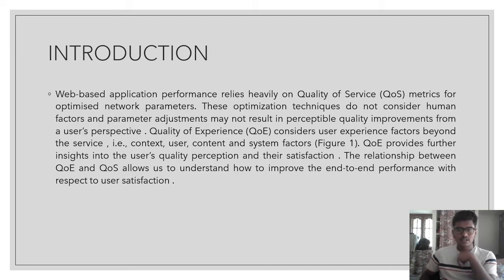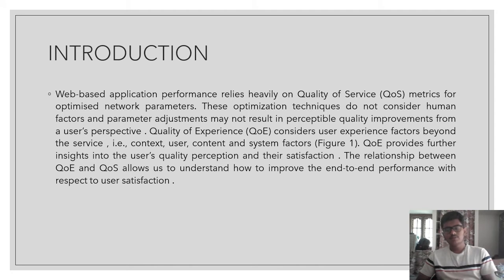So coming to the introduction, web-based application performance relies heavily on quality of service metrics for optimized network parameters. These optimization techniques do not consider human factors, and parameter adjustments may not result in perceptible quality improvements from a user's perspective.